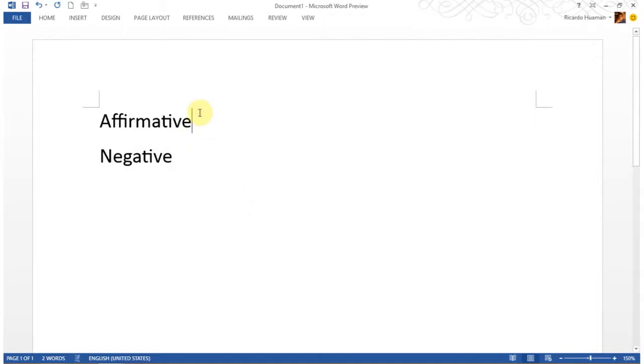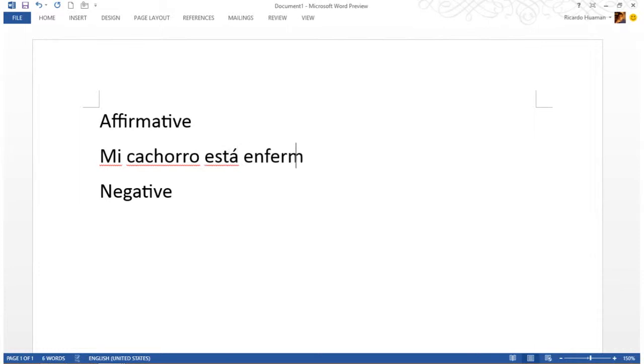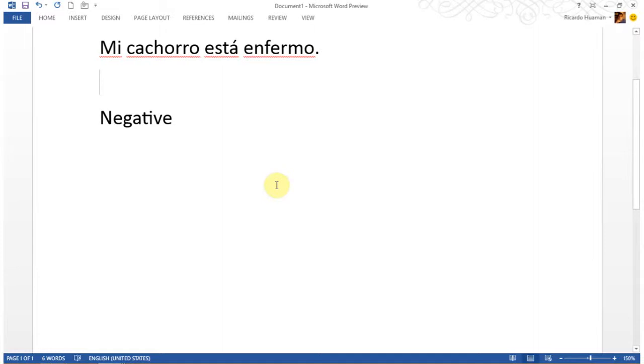So why don't we use positive and negative? Well, we use affirmative because not everything that we say that's affirmative we would want to call positive. For example, mi cachorro está enfermo. Aw, my puppy dog is sick. That's an affirmative statement. I wouldn't call that positive.